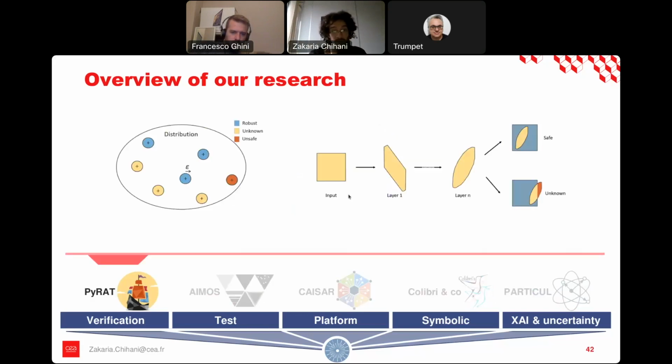First one is PyRAT, for Python Reachability Assessment Tool. This is a tool based on abstract interpretation, the properties that we talked about before. When I talked about the range around inputs before, what we do is encode that range of inputs and then propagate that range over all layers of the neural network.